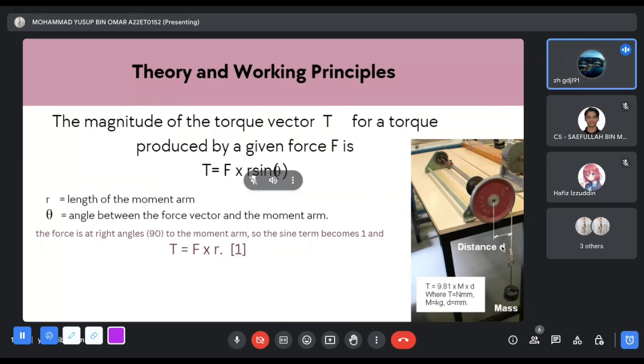As in the pictures shown here, the distance is at 90 degrees to the force, so the sine term becomes 1, and we get the formula torque equals force multiplied by the length of the moment arm.